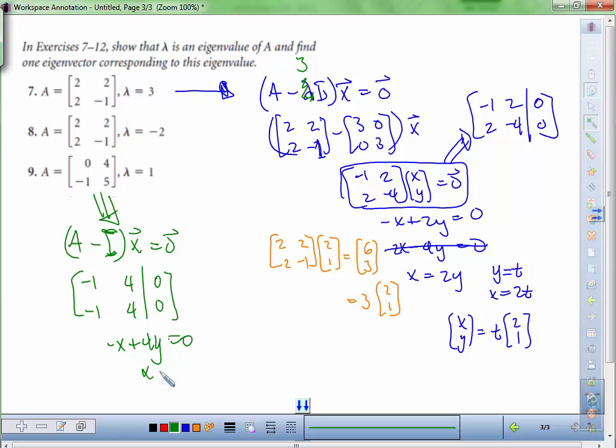So x is equal to 4y. Let's see, x is equal to 4t, and y is equal to t. So (4, 1) is your eigenvector.